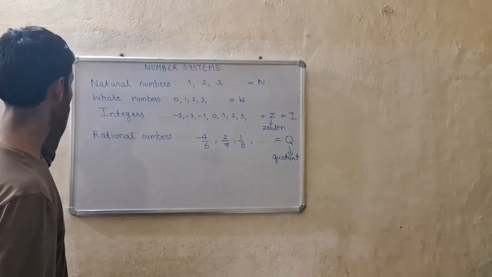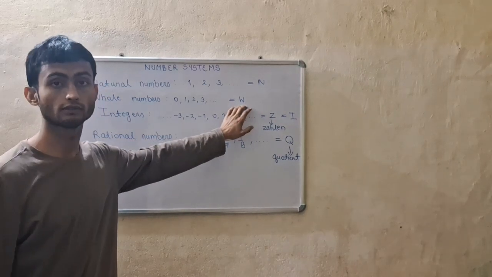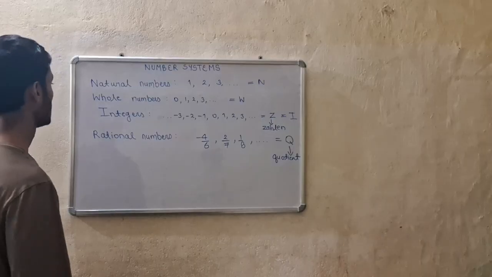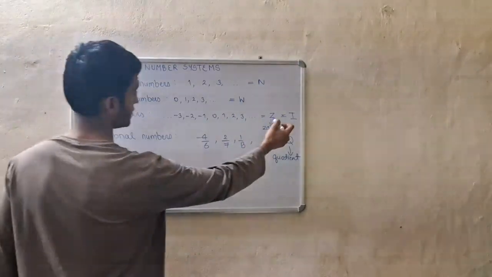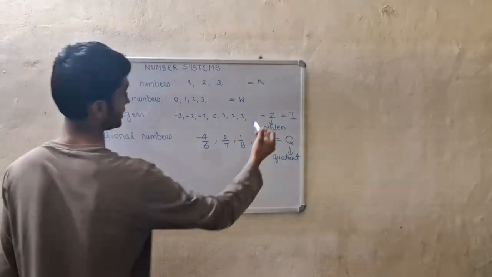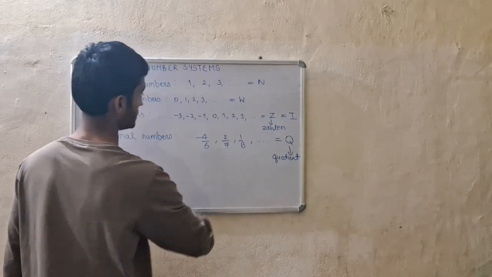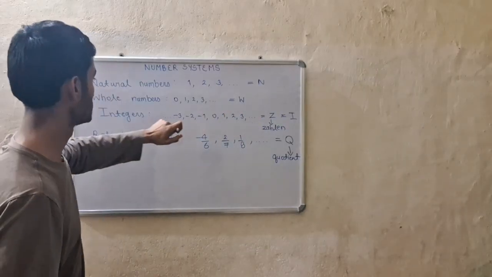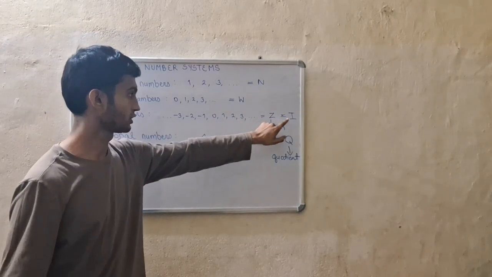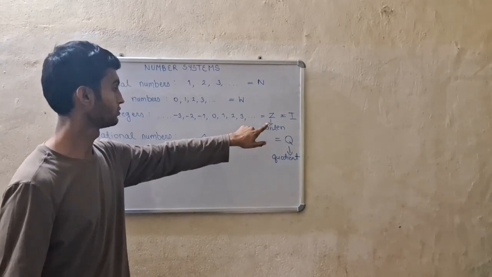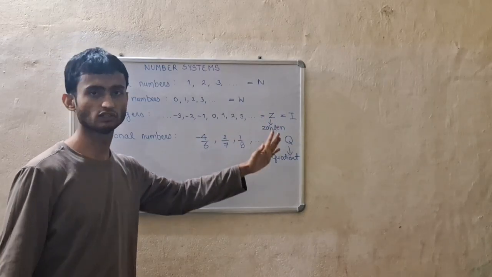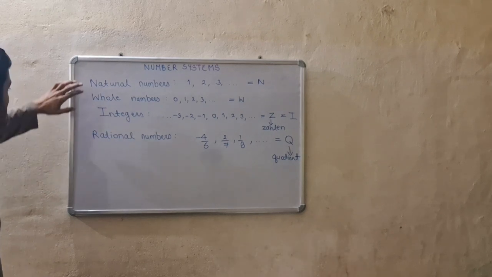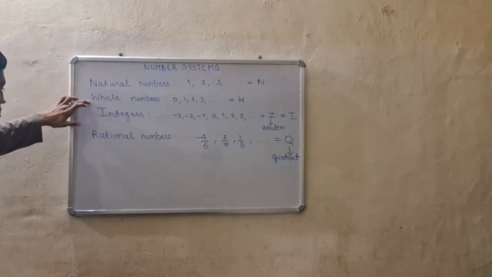Okay. So then we use this capital letter W to denote this collection of whole numbers. And in the same way, we assign another capital letter, Z, to denote the collection of integers. So these are pretty obvious to understand, but for this Z, instead of I, we have used Z. This is a convention, not something taken from the name itself, as in the case of natural numbers and whole numbers.